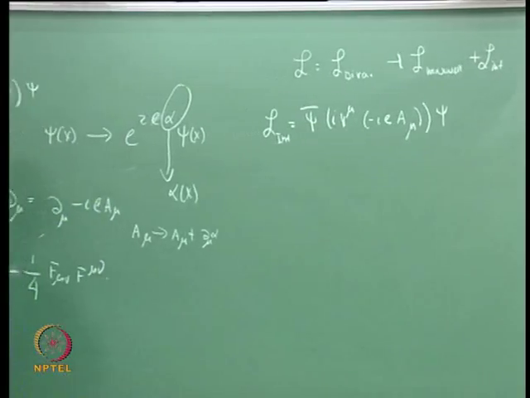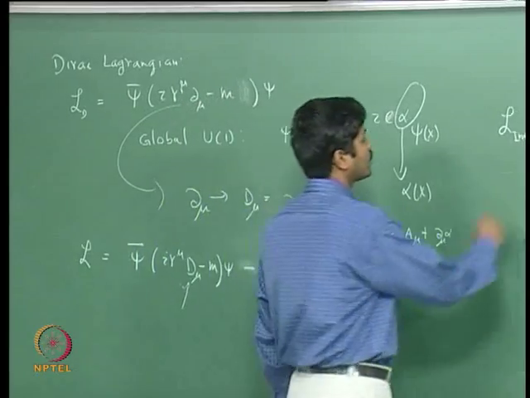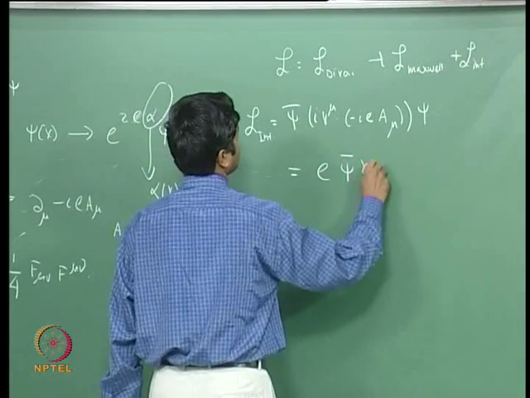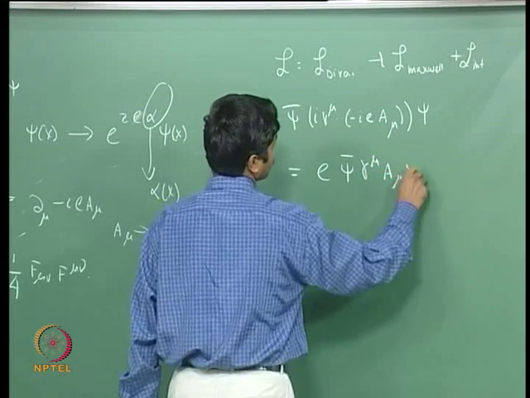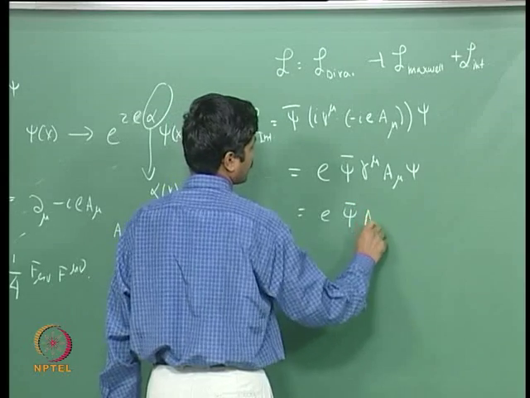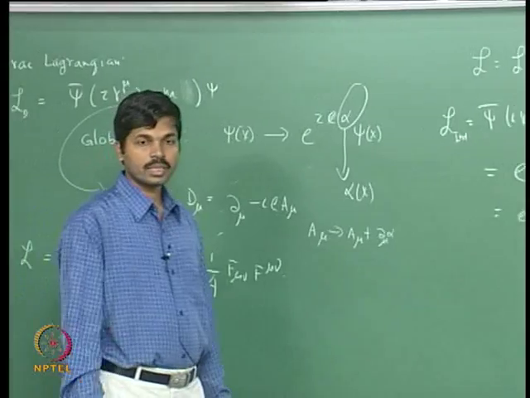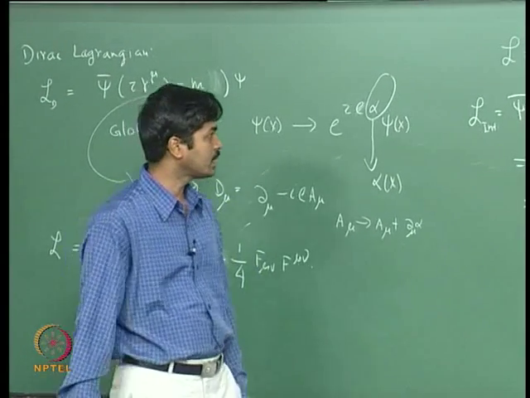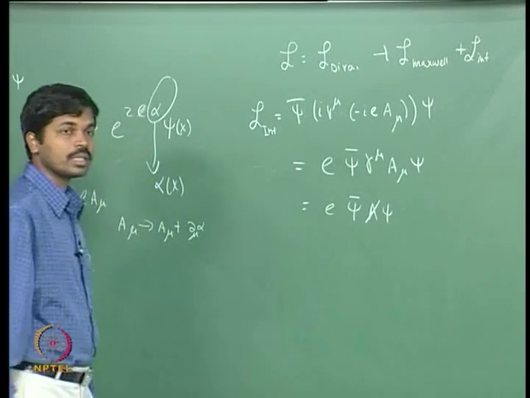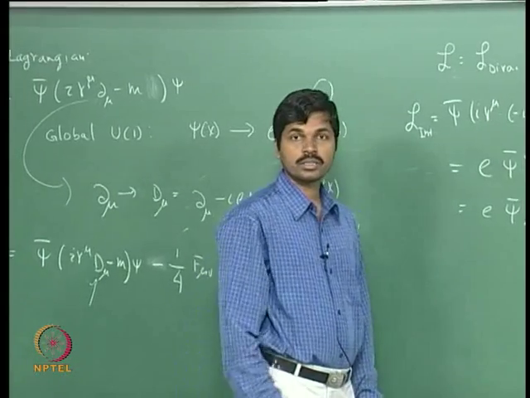This is e times ψ̄ γ^μ A_μ ψ, or in other words e ψ̄ A-slash ψ. This is the interacting part of the Lagrangian density, and we will see what we get when we take this theory and quantize it.